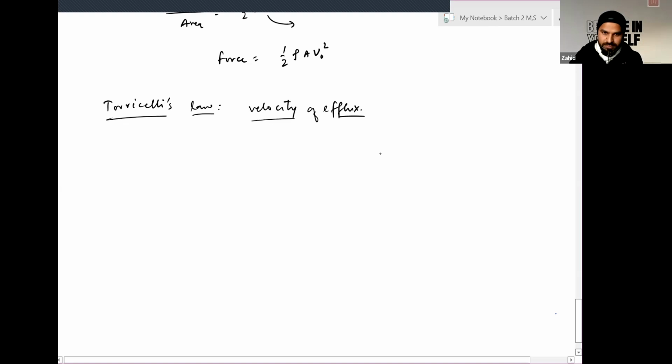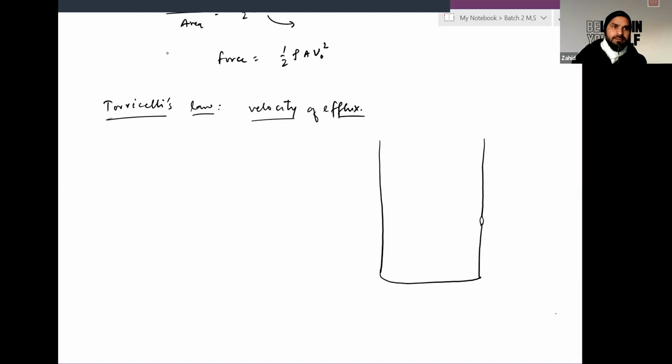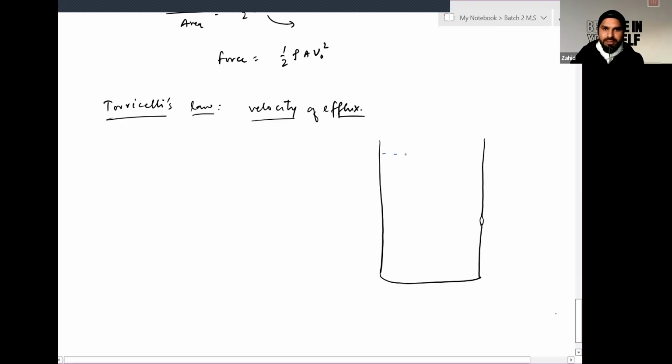Let me define you. Suppose you have a container or tank in which a hole is made at this point. Liquid is filled up to this level.